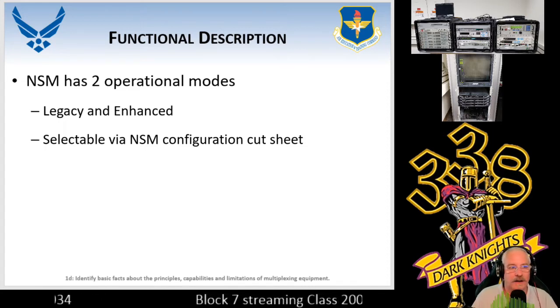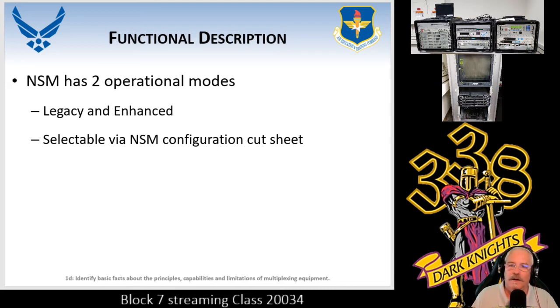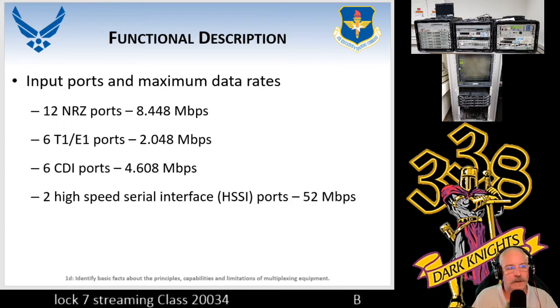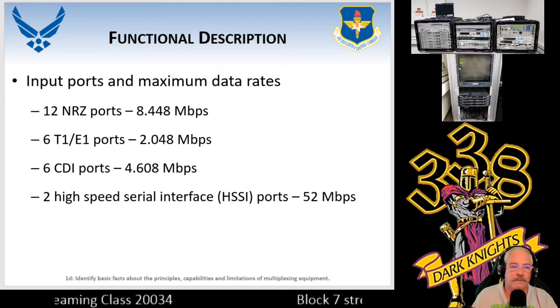When they say selectable via NSM configuration cut sheet, yes, you're going to be given a cut sheet and you're going to have to input it on the computer through what's called a GUI, Graphical User Interface Program. Here are the input ports and max data rates. Again, we'll go through the tech manual for it at the end of, I think, 2 alpha.